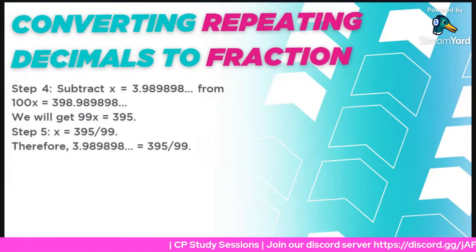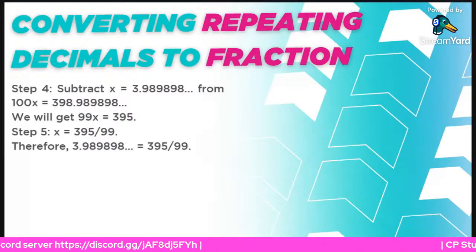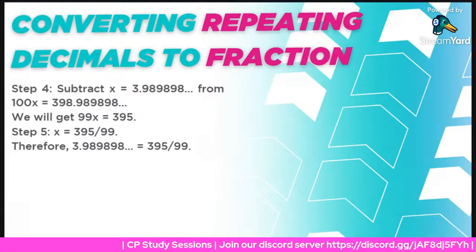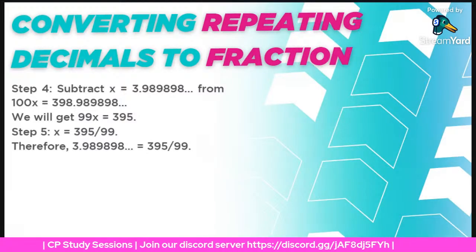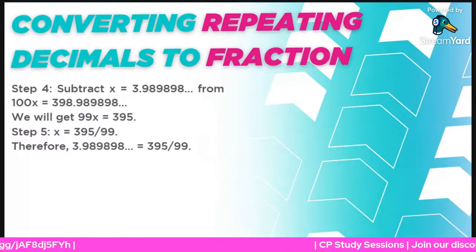Bakit? Yung we just have to subtract. Kapag binawasan ng isang x ang 100x, it will be 99x. So ang 99x natin is 395. Ang step 5 natin is x is equal to 395 over 99.